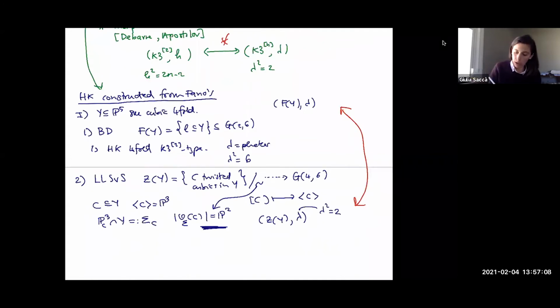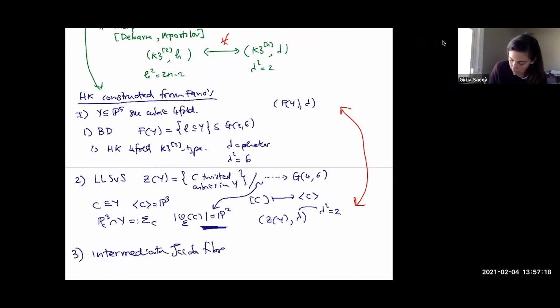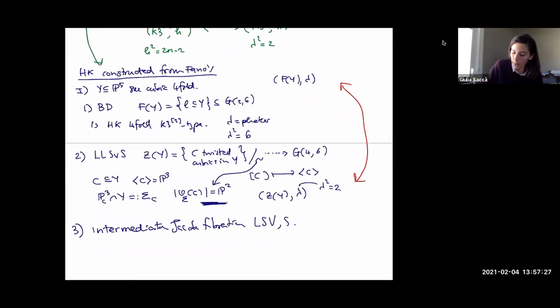Okay, so there's also the intermediate Jacobian fibration. Not going to say anything, so this is just work with Grady and Claire, and then also on my own. Now, I don't want to mention this because this is not of K3^[n] type, but of a Grady 10 type, which is a different deformation class.